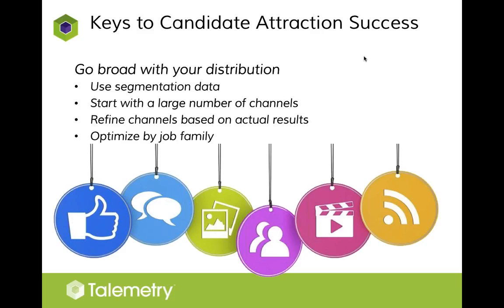So you can start with a large number of channels and then refine those channels based upon the actual results that are coming in, right? And you can do that if you have a marketing system that allows you to do that as the jobs are live. You can actually see the results as they come in and make changes as they go, and then based upon that, you can optimize those channels by job family. So don't be afraid to push the job out there, but you want to do it in a way that makes sense.